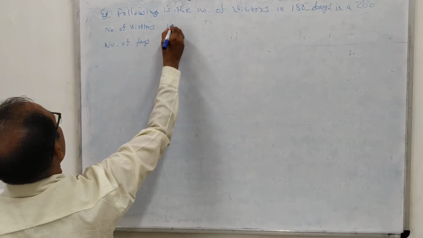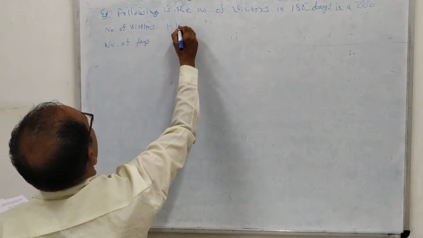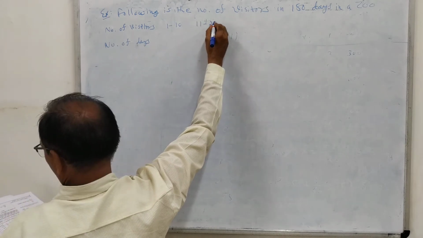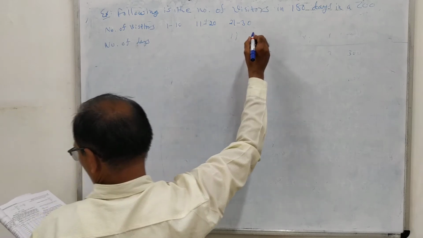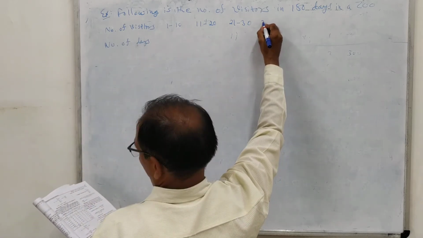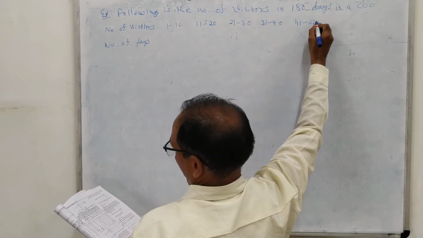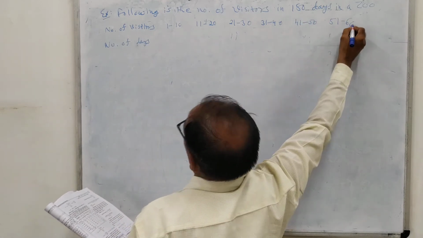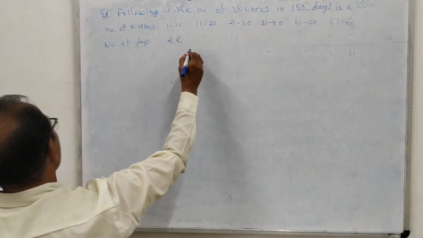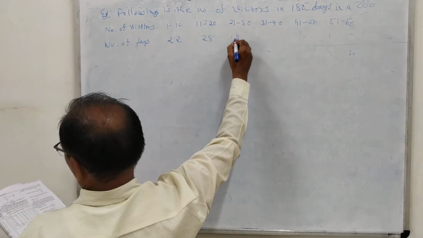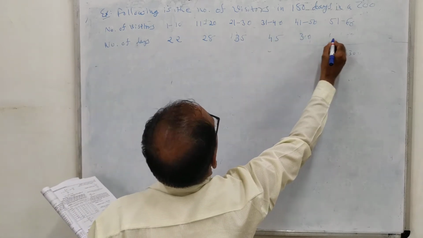So this is given in the ranges 1 to 10, 11 to 20, 21 to 30, 31 to 40, 41 to 50, and 51 to 60. And the number of days are given in this form: 22, 28, 35, 45, 30, 20.